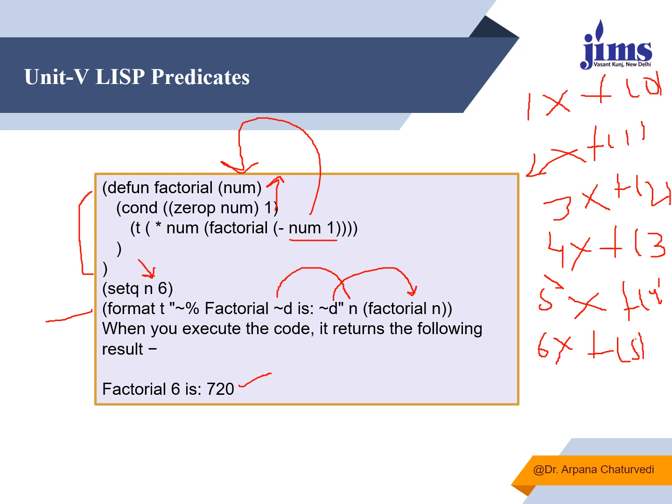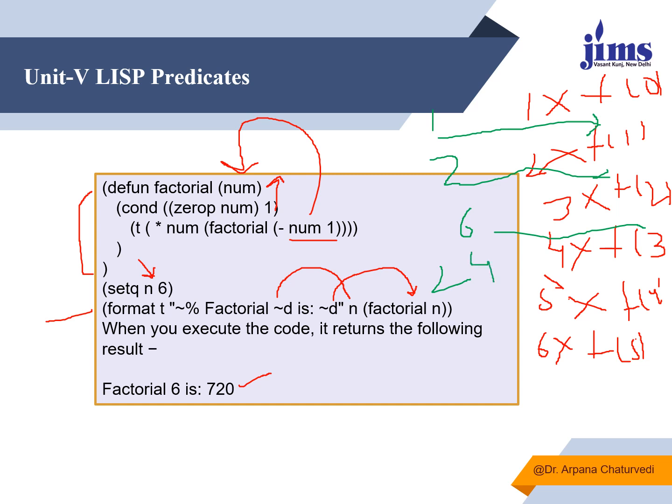Now it will return 1 over here, so it will become 1 into 1, that is 1. Then this 1 will come back as the value of factorial 1, and this 2 into 1 becomes 2. Then 2 will go back and it will become 3 into 2, that is 6. Now 6 will go over here and it will become 6 into 4, that is 24.